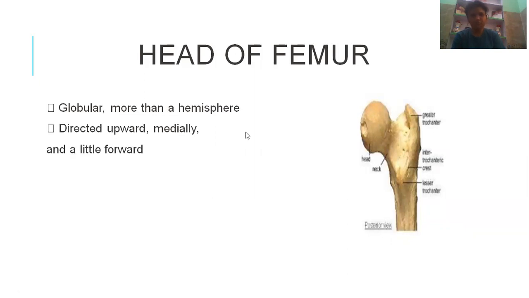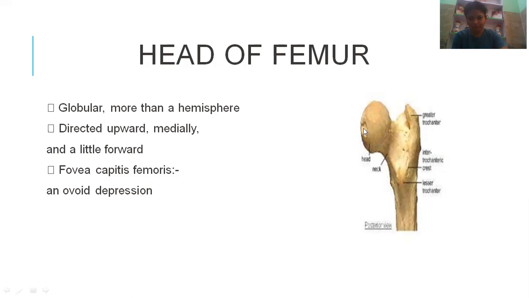The head of the femur is globular, more than a hemisphere, and its position is directed upward, medially, and a little forward. There is one depression called the fovea capitis femoris. It is an ovoid depression.